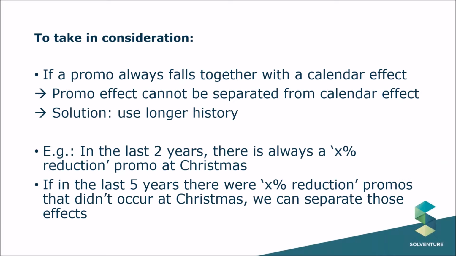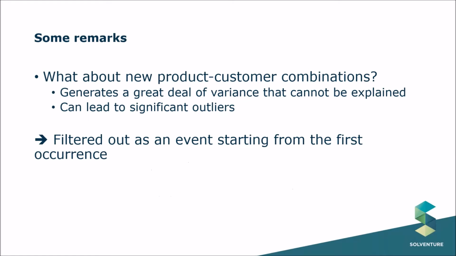If you have more history, typically you might have more situations where there is also an X% reduction promo, but it didn't occur at Christmas. That will allow the statistics to make a difference between the two effects. And more data and more history will help in making this type of models more accurate. But I think that's the same in any type of forecasting modeling exercise.